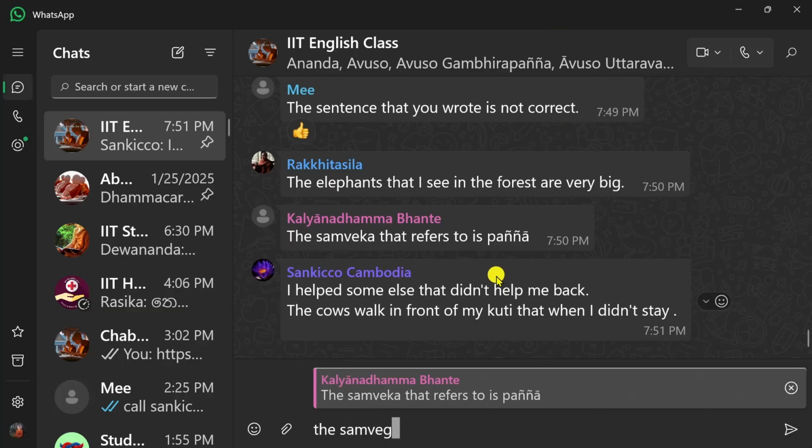The São Vega that, and then São Vega doesn't refer to something, no? No, I mean a factor of the São Vega word refers to the mental factor or cetasika. What is São Vega?